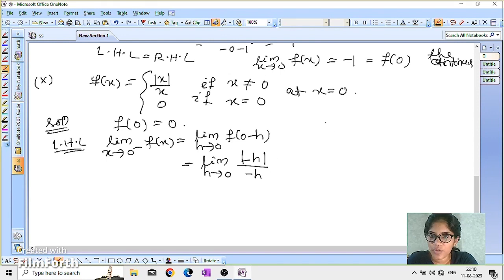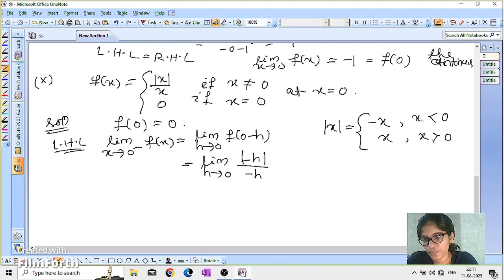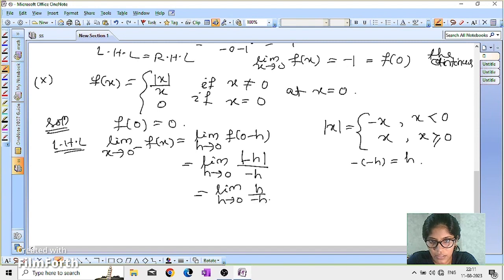We know the modulus function: modulus of x is minus x if x is less than 0, and x if x is greater than or equal to 0. Here we have minus h, which is less than 0, so modulus of minus h equals plus h. That's equal to limit h tends to 0 h by minus h, which equals limit h tends to 0 of minus 1, equal to minus 1.